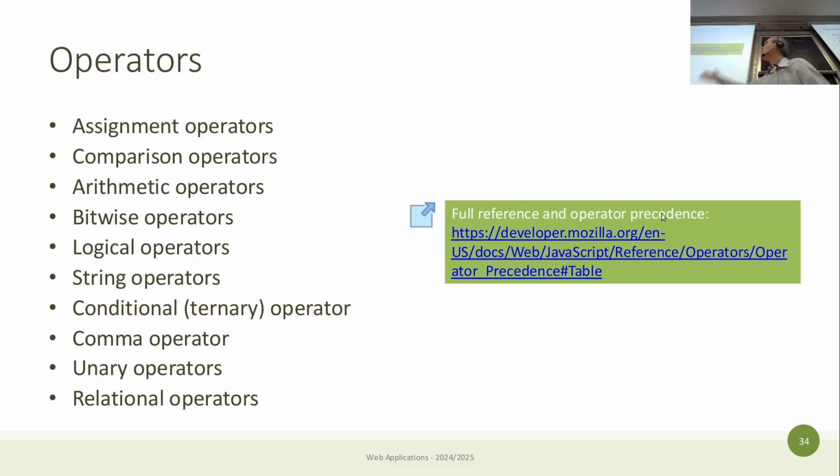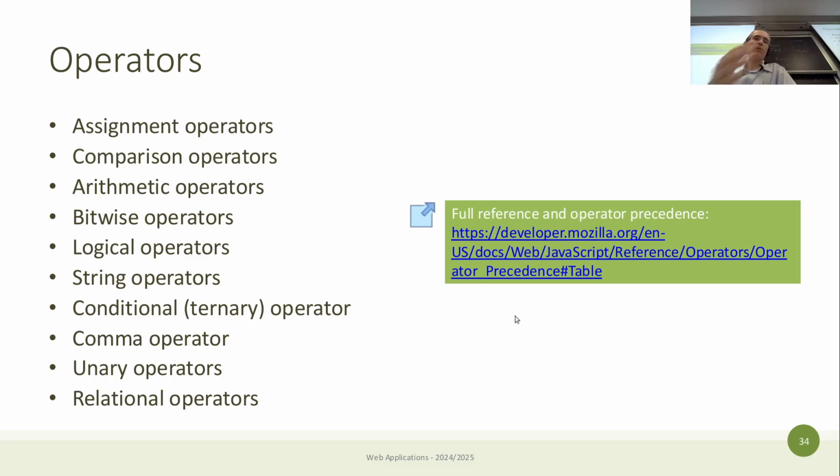Expressions. Well, there's plenty of expressions that we can write. The typical expressions: assignments, of course, comparisons in the if, for instance, and a lot of other operations. For instance, operations on strings, conditional ternary operators, so question mark and so on, which are quite used.